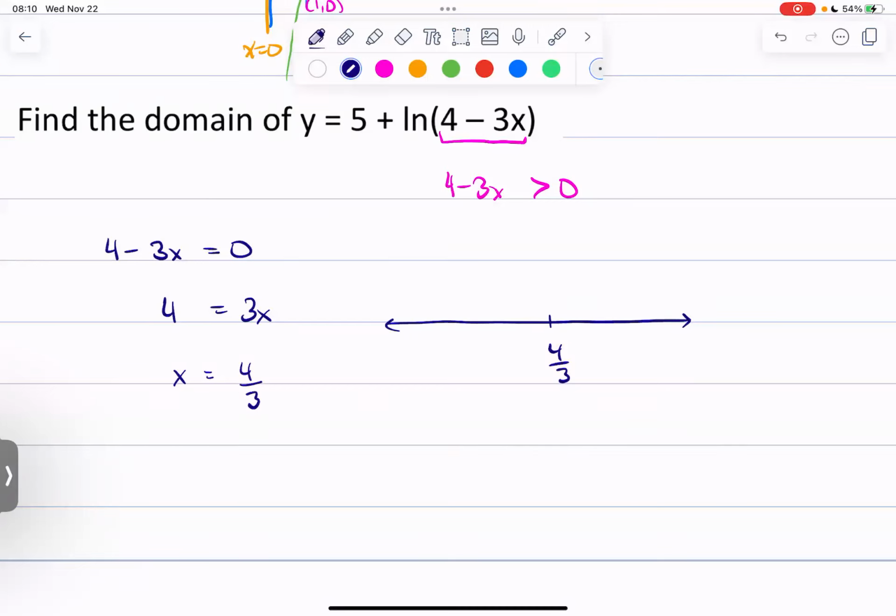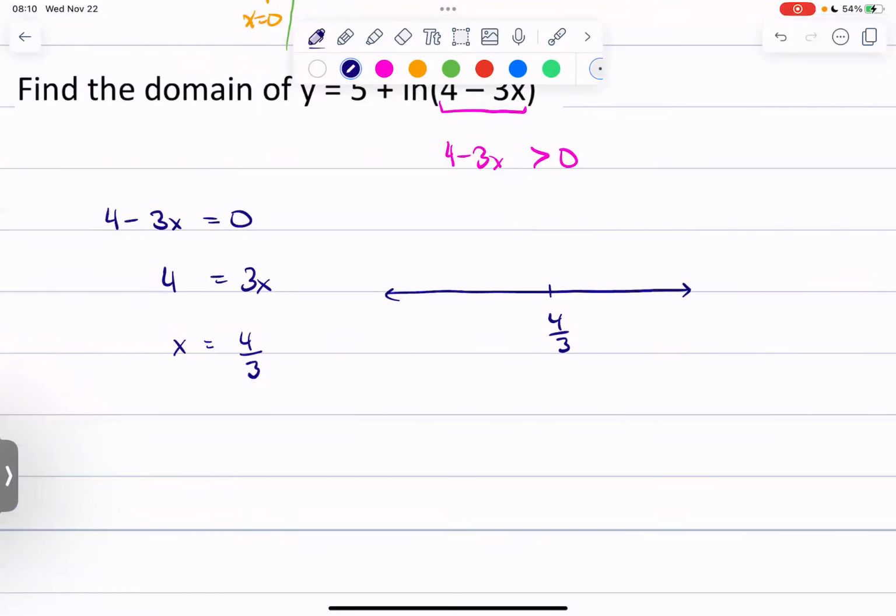And my trusty calculator. Let's see here. Gonna go with a test value of 0, my favorite. And why not 2? So then I'm gonna take 4 minus 3x at 0.